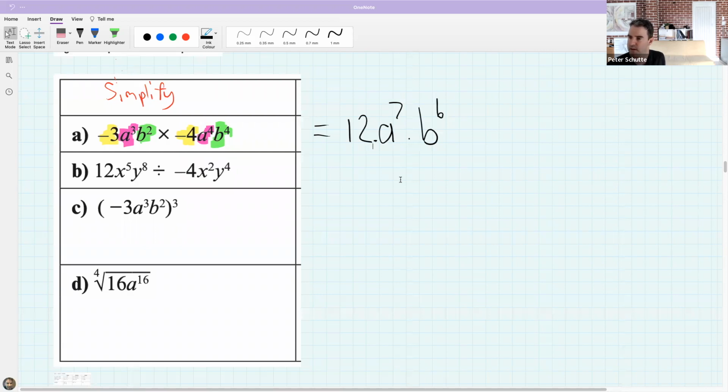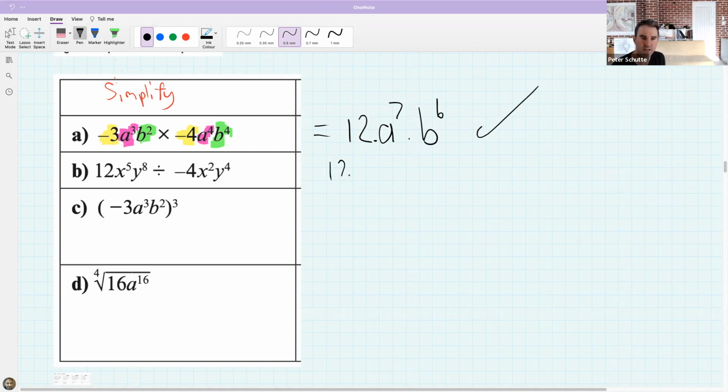Yep. Jens, so we get, look, there might be a different question. 12 times a to the 7 times b to the 6, yes. So A is looking great. That's awesome. What about number B?